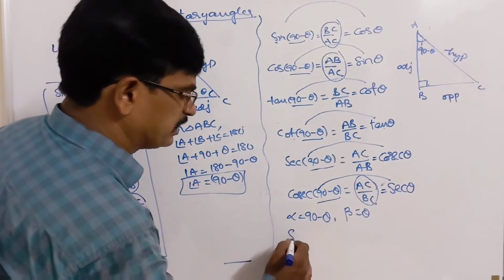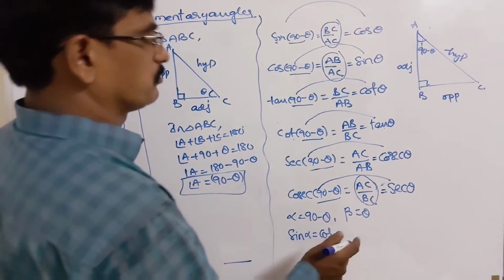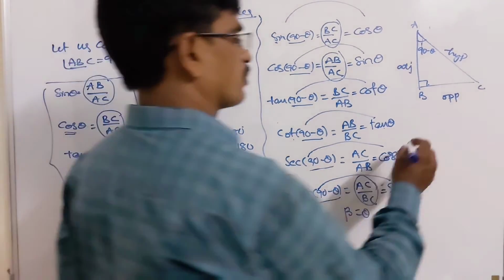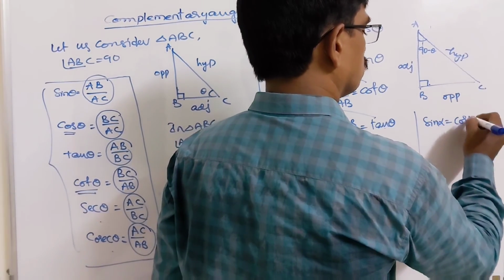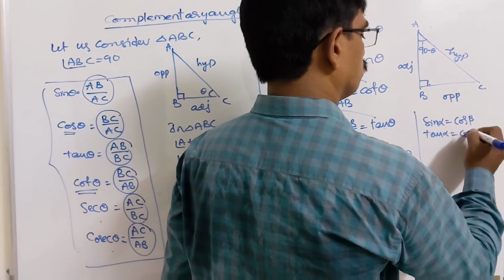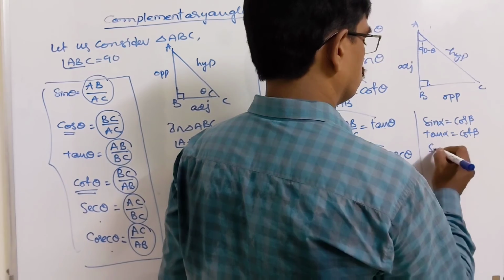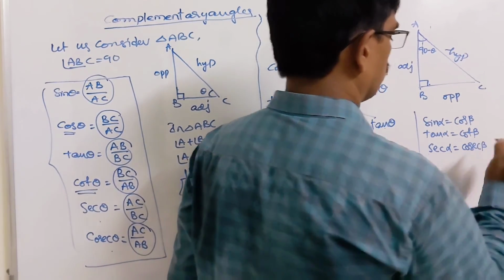That is, sin alpha is equal to cos beta. Okay, I will write here. Sin alpha is equal to cos beta, tan alpha is equal to cot beta, secant alpha is equal to cosecant beta.